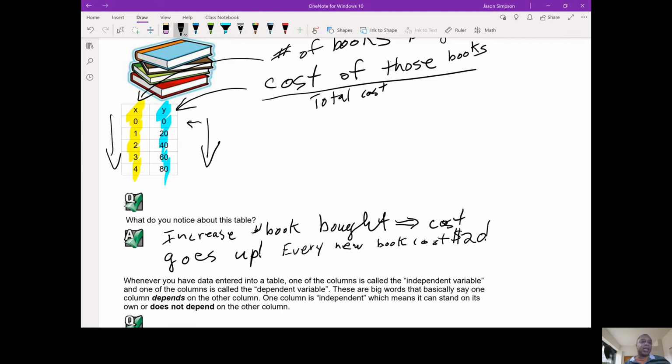So if I know that I'm going to get 2 books, I just have to add 20 bucks to the previous book total. Isn't that what's happening here? 0 books goes to 20, and then 20 goes to 40. I just added 20 here, didn't I? I just added 20 here again, didn't I? Look at that, I still just added 20 again. And it goes up.